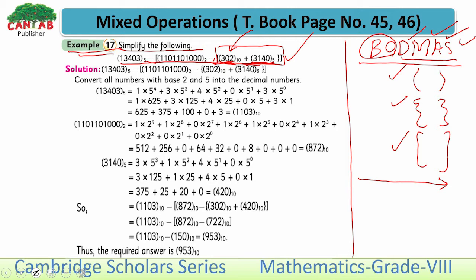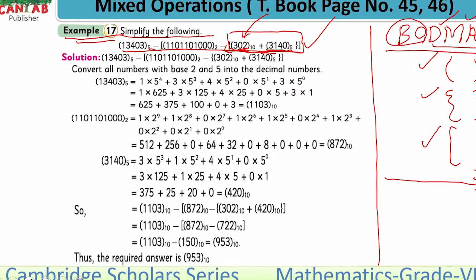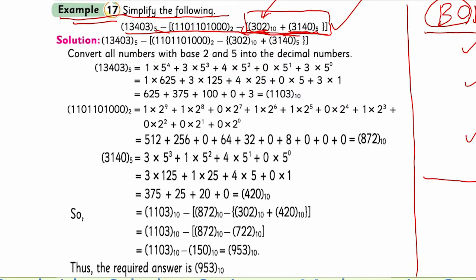So there are two types of methods. How? First, convert this base 5 number into base 10 and then add, and then after that convert this number into the base 10 number system and then add this whole portion. At the end, this will be the base 10 number system.